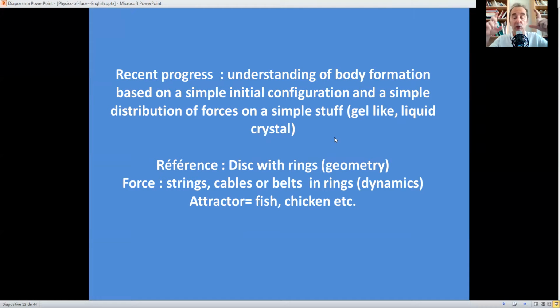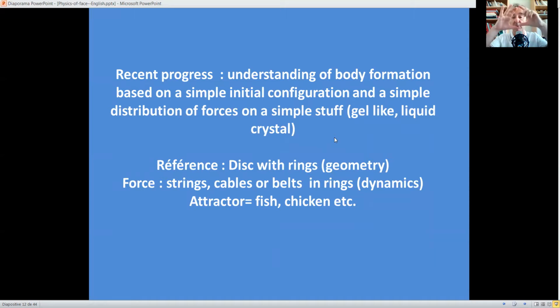So if the structure of the cells is in rings, and since the forces are exerted by cells, then forces also are in rings. So in fact, inside the embryo, there are belts of cells which pull, which may become strings or cables.